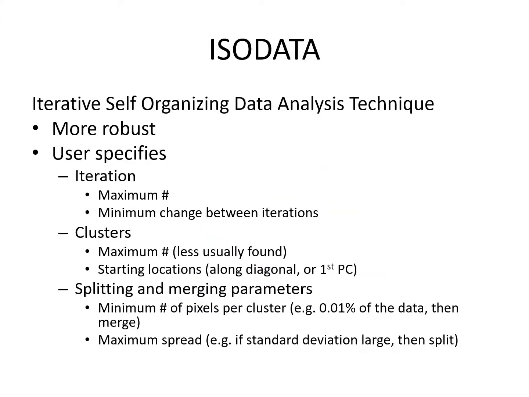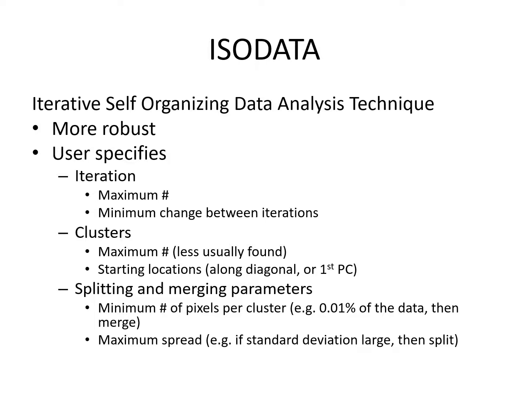One technique is this ISODATA technique. It's an iterative, self-organized data analysis technique. It is more robust. The user specifies things like iterations, like how many times are you going to go through this, and what is the minimum amount of change that we have to do. It looks for clusters. You can tell it the maximum number that you want. It's usually going to find less. The starting locations are along a diagonal of the first principal component.